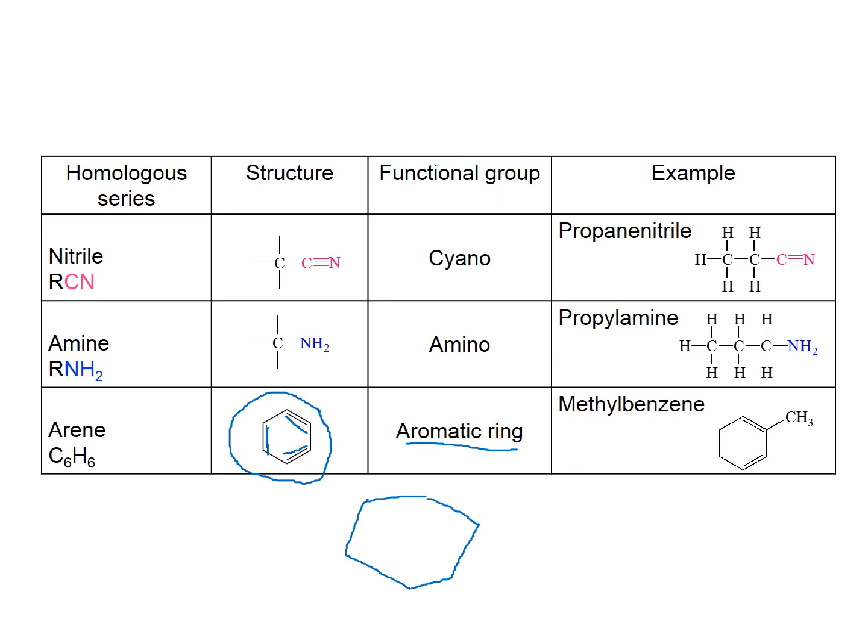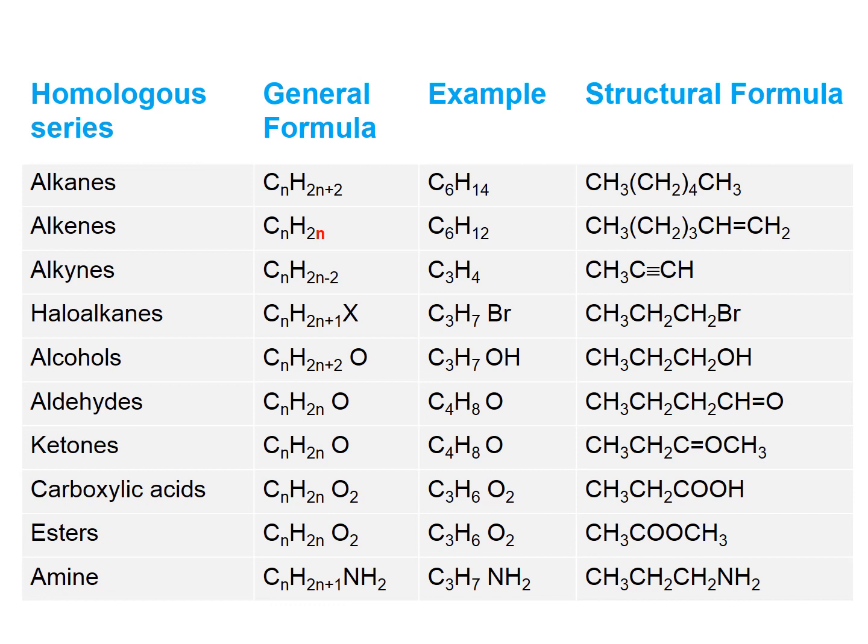So this is what you call a cyclic. In a cyclic, there is no double bond in the ring. Tapi kalau aromatic ring, dia ada double bond in the ring. Okay, so this is a simplification of your table of homologous series dengan dia punya general formula dengan structural formula.